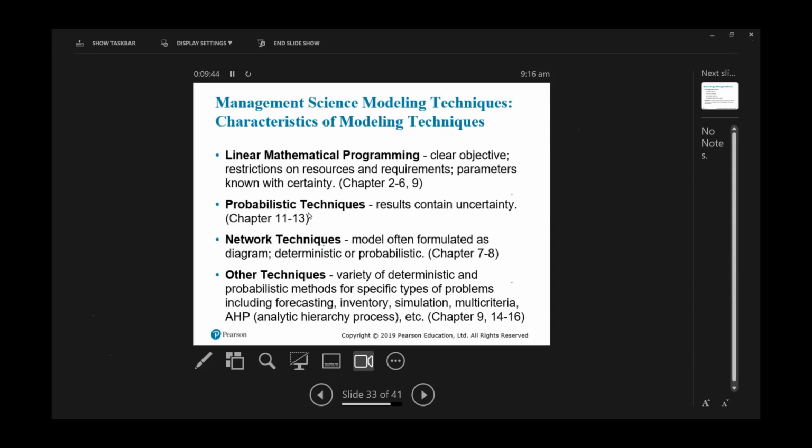But forecasting, simulation, multi-criteria model, analytic hierarchy processes. They all will group them under other techniques that we will not go through. We may just pick either forecasting or simulation to look at. We will not look at the rest of them. Time permitting.